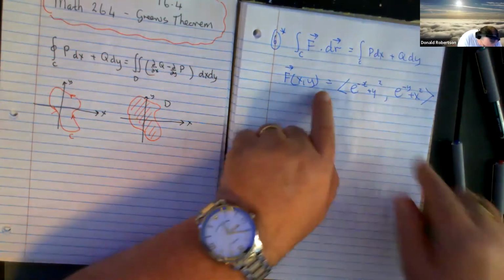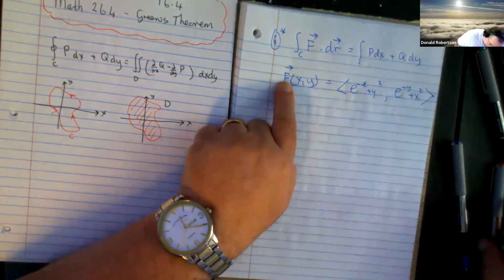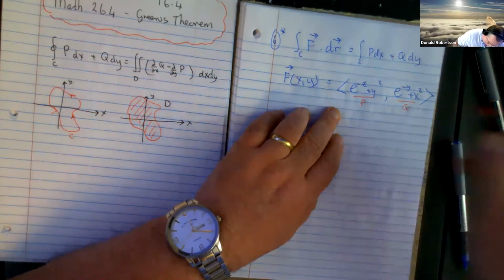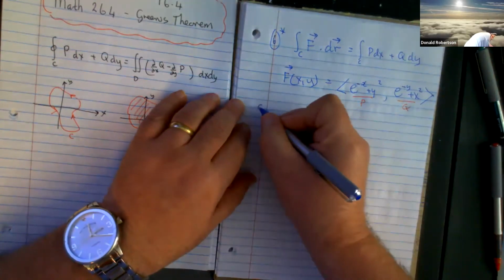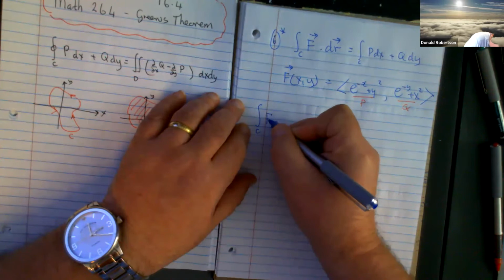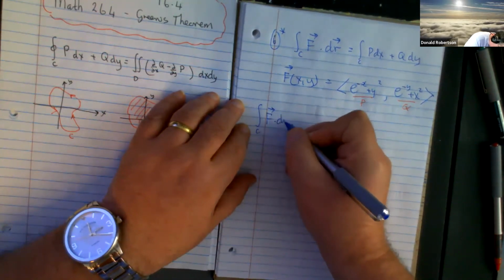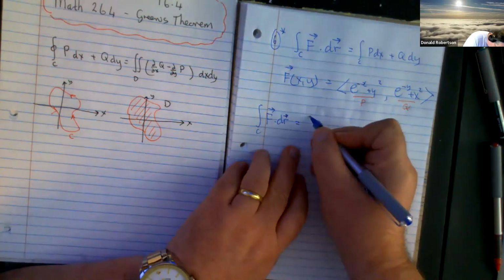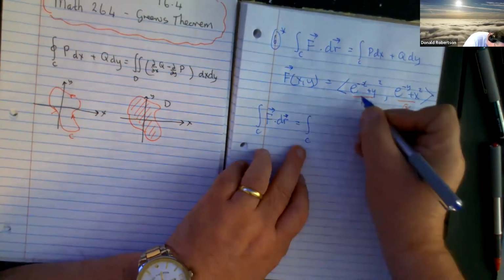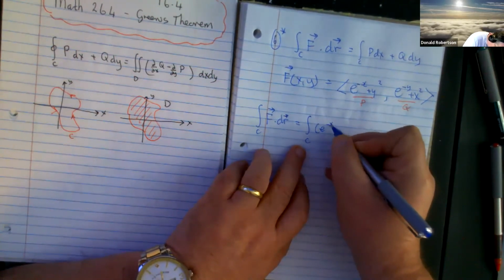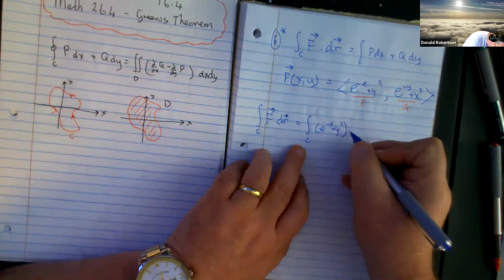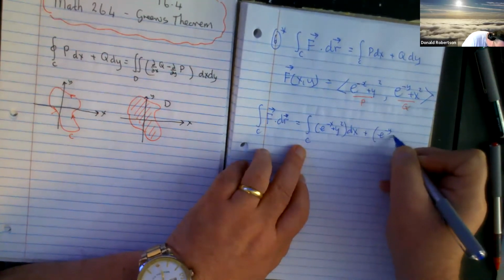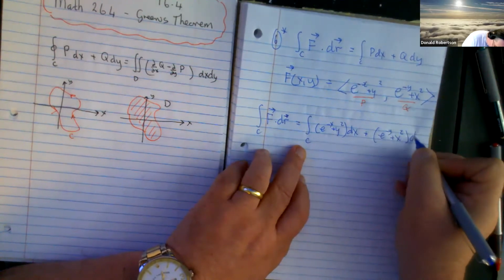So if you tell me f is this guy, they're just basically telling me the P and the Q. So what I'm doing here is translating the original one and recreating it as e to the negative x plus y squared dx plus e to the negative y plus x squared dy, right?